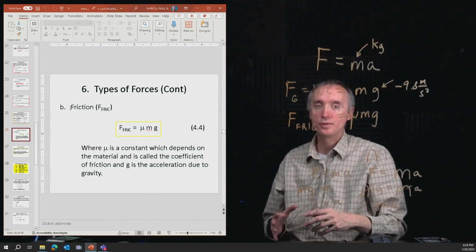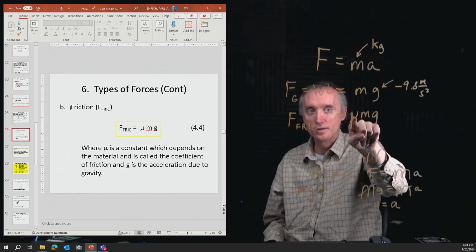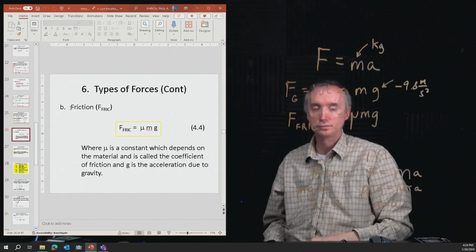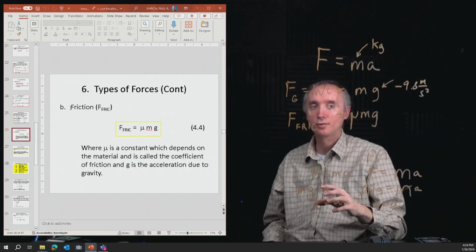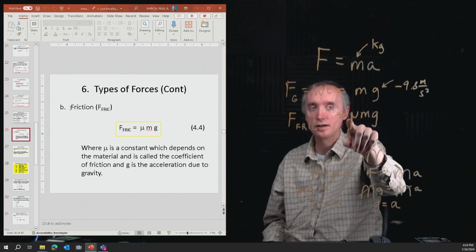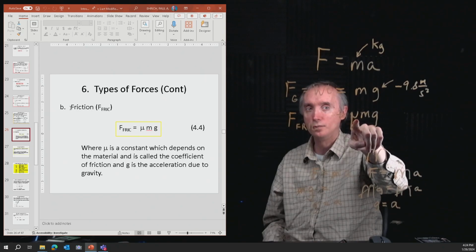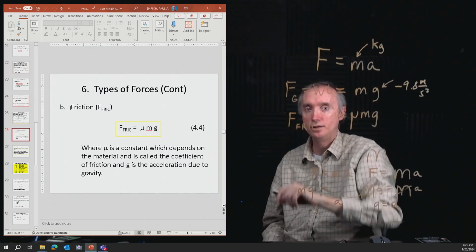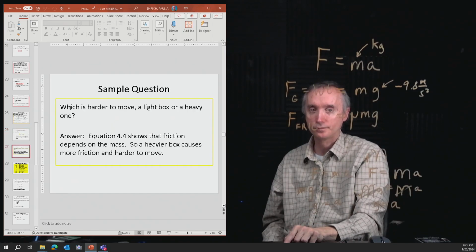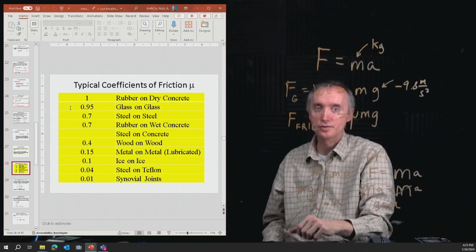If you have something that has zero friction, then this thing would be a zero. Now that doesn't ever happen, but theoretically you could have some kind of substance that has zero friction, and then its mu would be equal to zero, and then 0 times anything would be equal to 0. And so here are some examples of coefficients of friction.